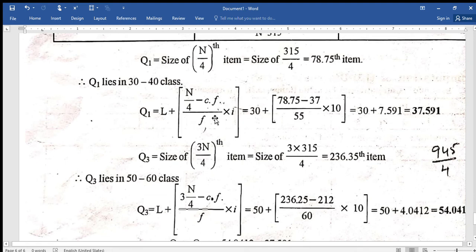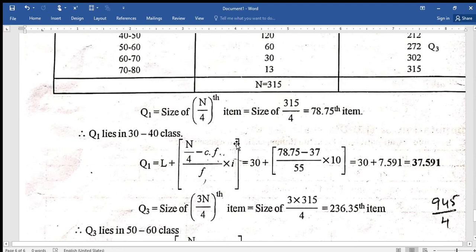Cf means the cumulative frequency of the preceding class, that is, the class preceding the quartile class. f means the simple frequency of the quartile class. i is the class interval of the quartile class. This is the explanation for the formula.